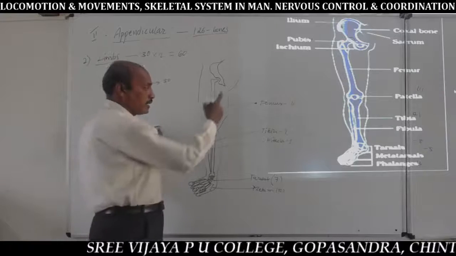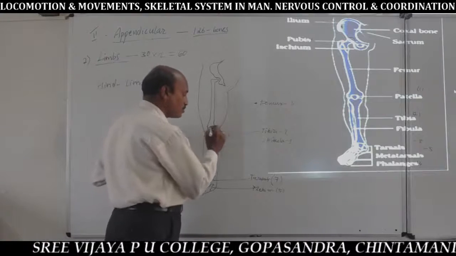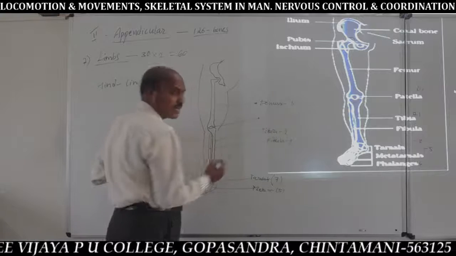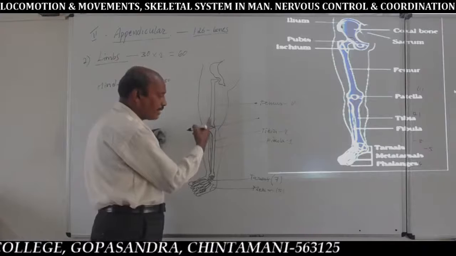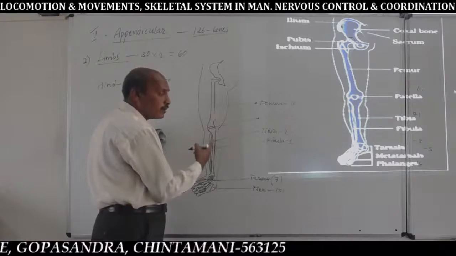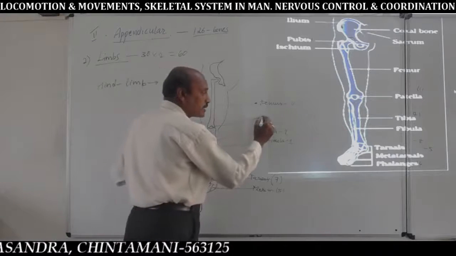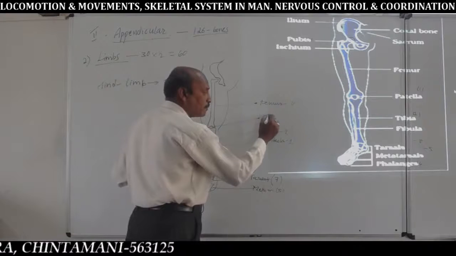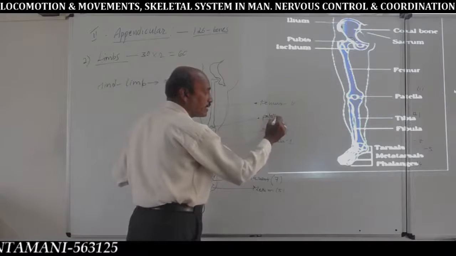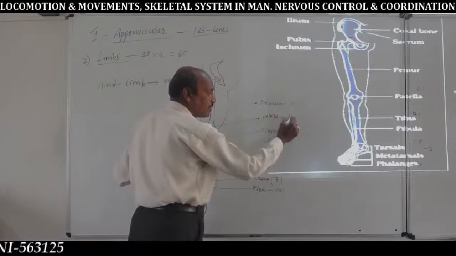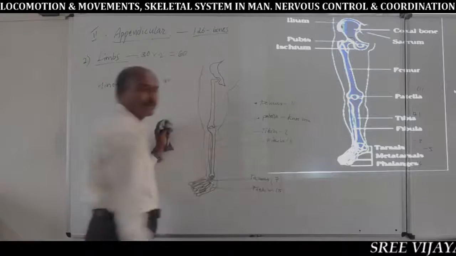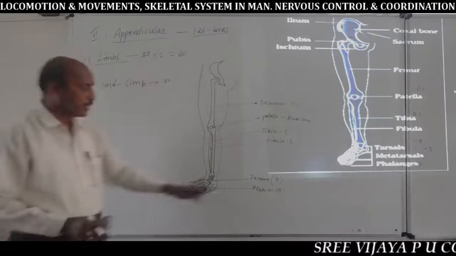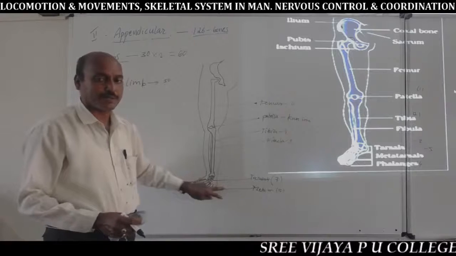Very important. In addition to all these bones, in the knee joint, at the junction between the femur bone and the tibia bone, is the patella bone, otherwise called the knee bone. So here one tarsal is absent.